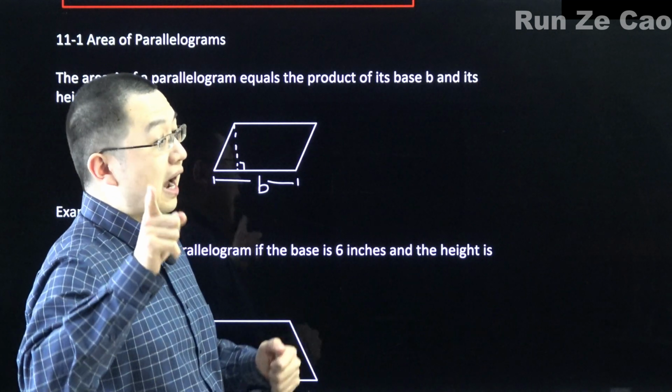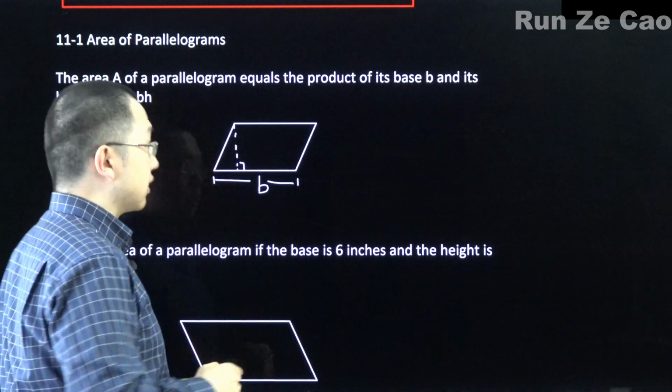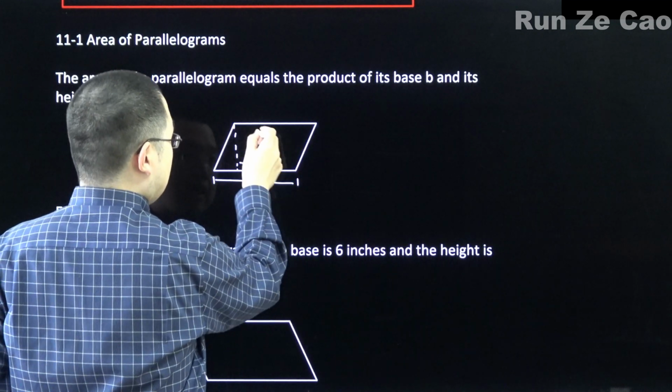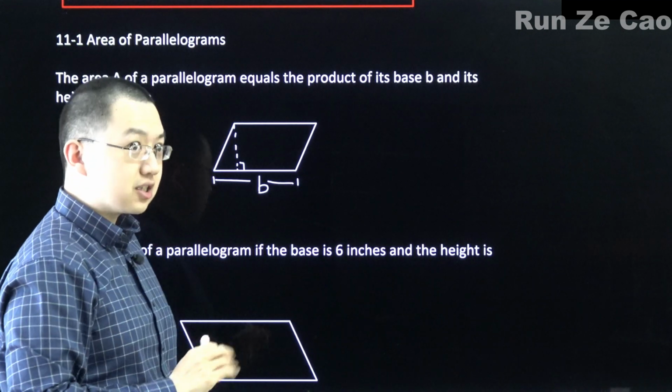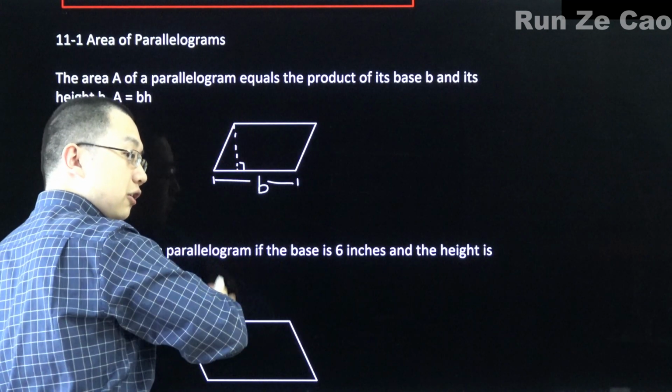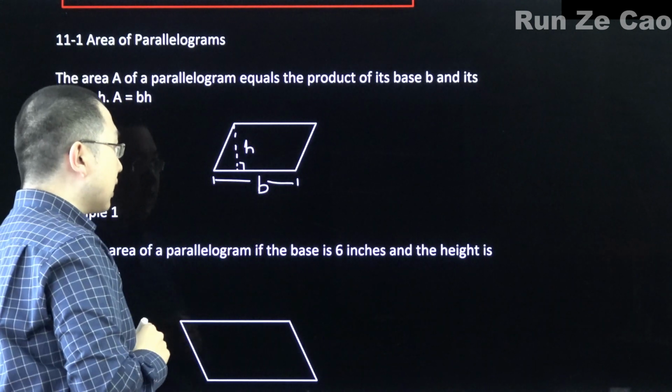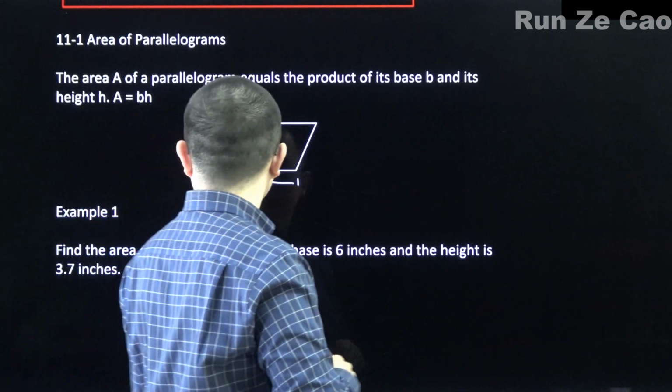Technically, it's opposite sides, i.e. the sides that don't touch that vertex. Because I could say this is the base and that's the height. It just needs to be perpendicular to the base. So at 90 degrees, right angles.